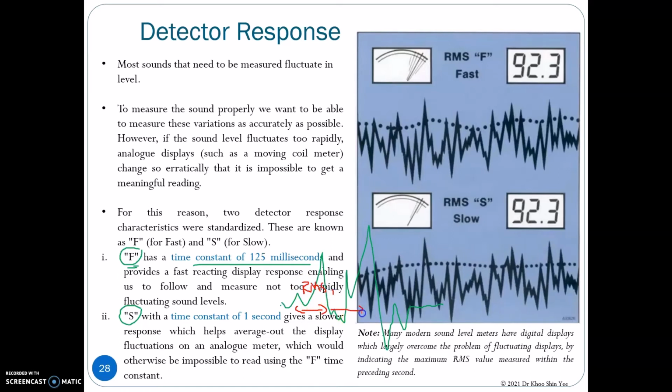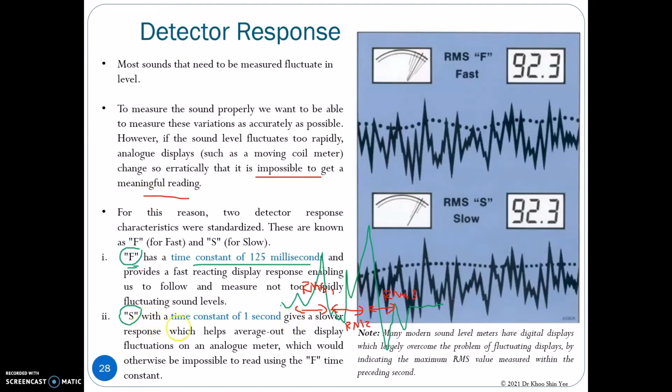Then you continue for the next time interval, which is RMS value 2, RMS value 3, and so on. You can see that the fluctuation is quite large, therefore RMS 1, 2, 3 deviate a lot, and it is very difficult, even impossible, to get a meaningful reading for the average RMS.